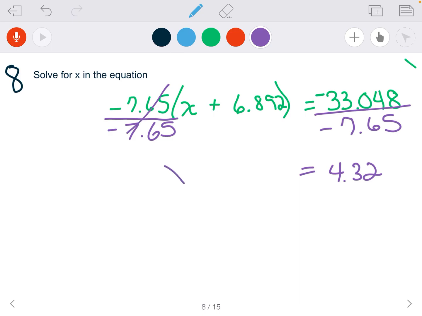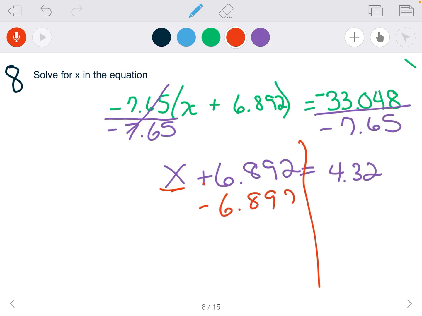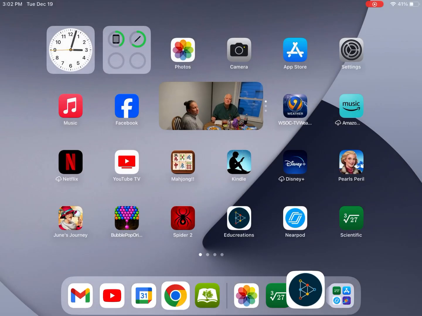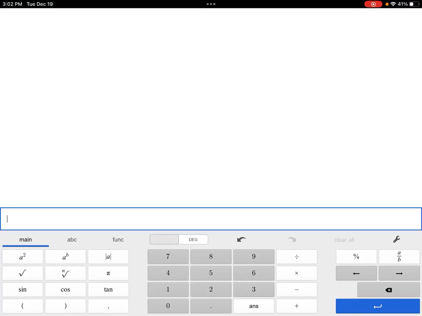These cancel out, and I'm left with x plus 6.892. Same way you're solving it: here's your x, there's your sides of the equation, you're getting rid of the plus by minusing, and you keep that same number, whatever it is. What you do to one side, you have to do to the other. You can subtract these by hand, or you can use your Decimals calculator. So 4.32, and I know it's a minus 6 point something.